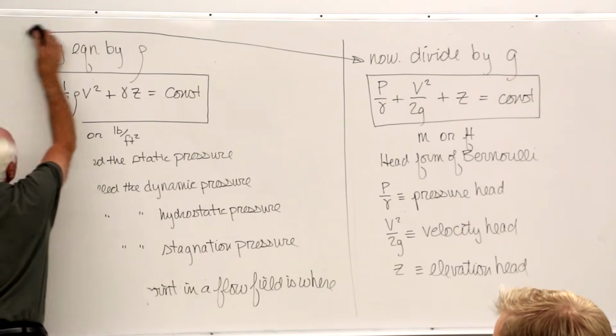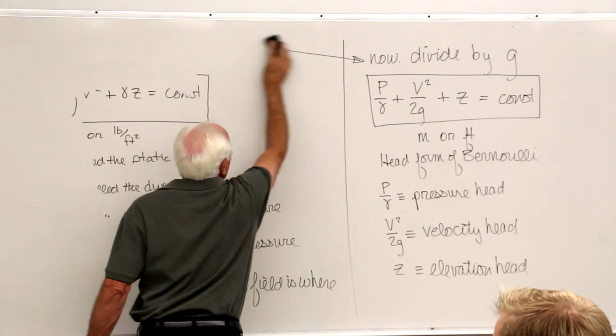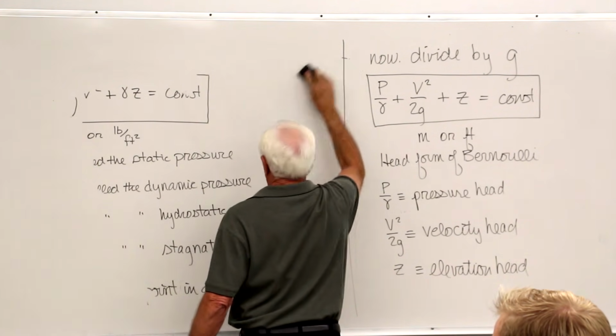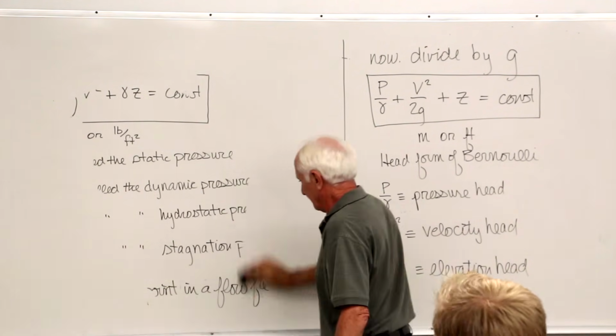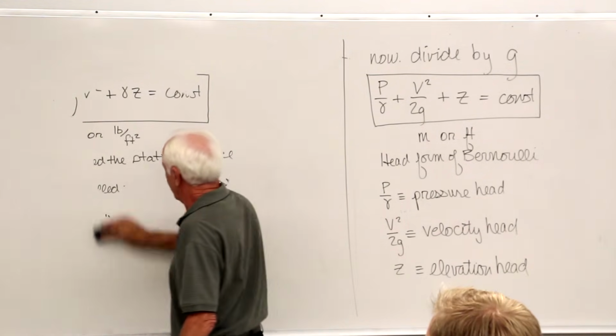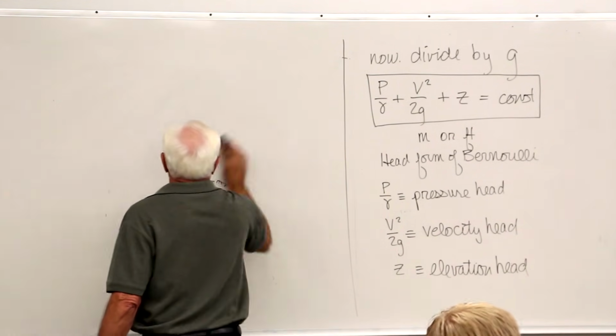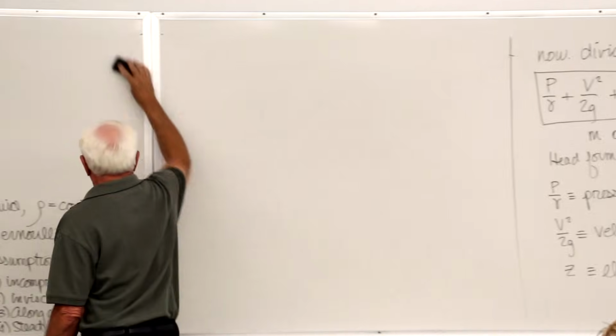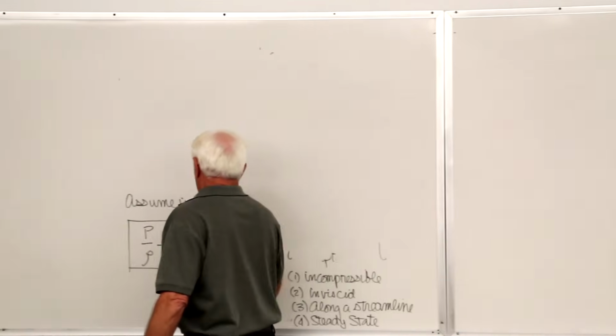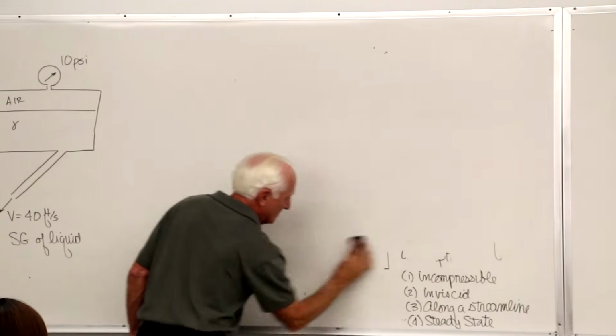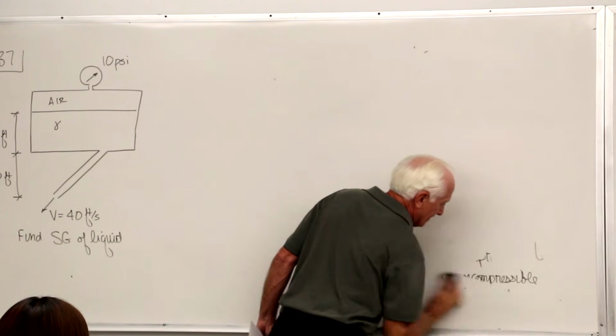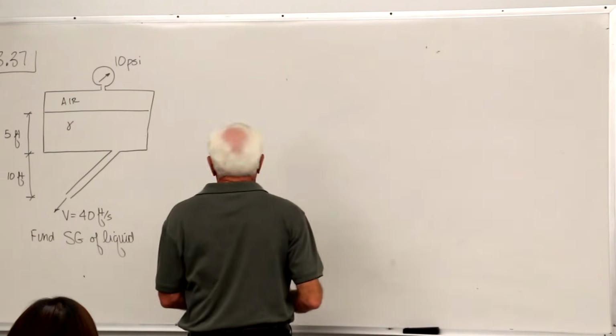So let's get rid of this one, and the other one, and we'll just leave this one on the board. The head form of the Bernoulli equation.